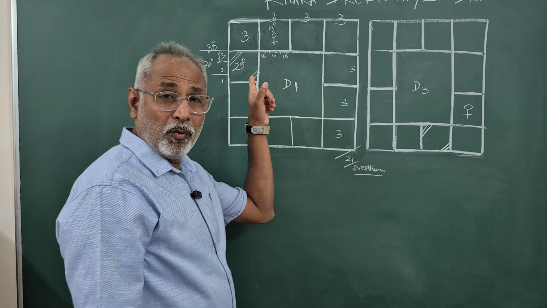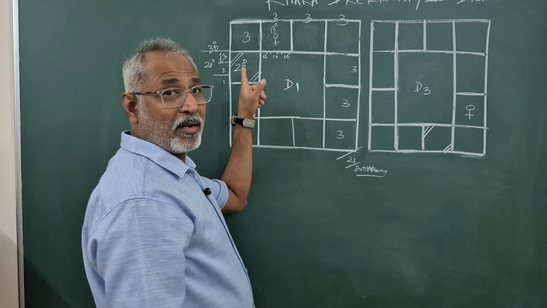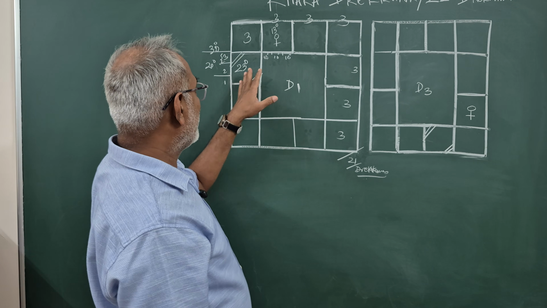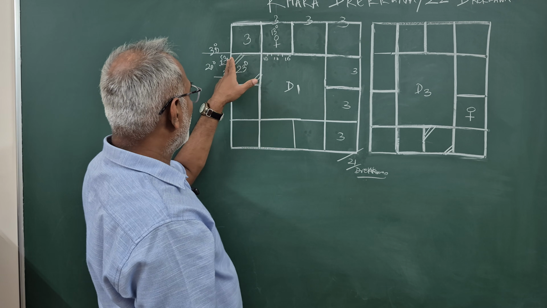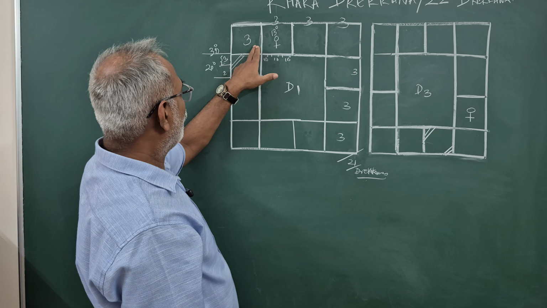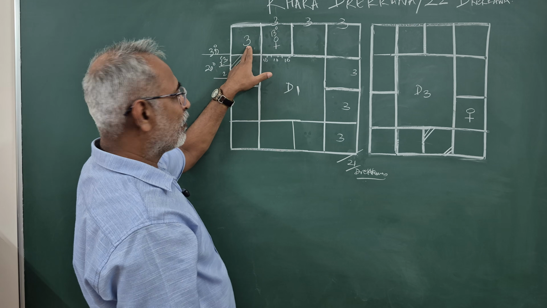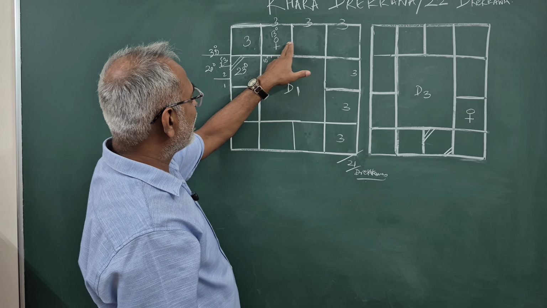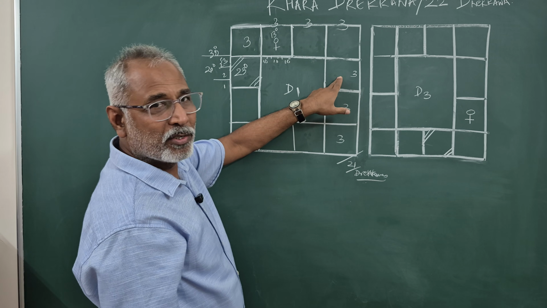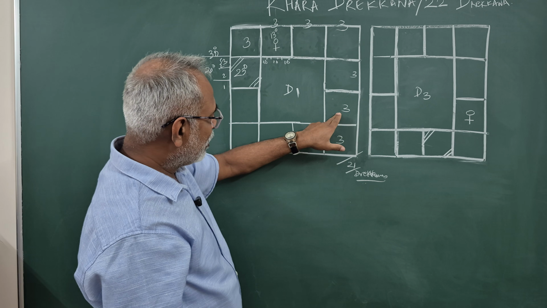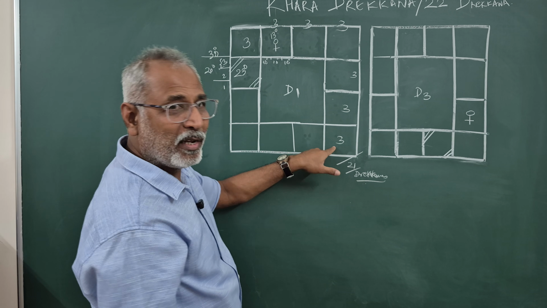But we should include the ascendant Drekkana also. So that means if I include this, it will be 1, 4, 1 plus 3, 4, 4 plus 3, 7, 7 and 10, 10 plus 3, 13, then 16, then we have 19, 19 plus 3, 22.